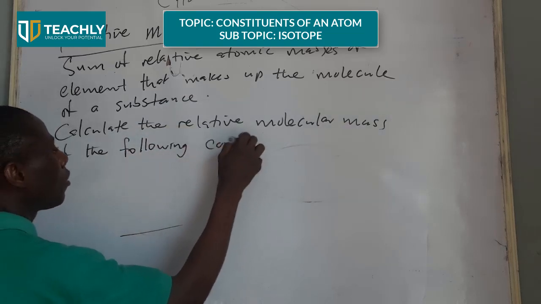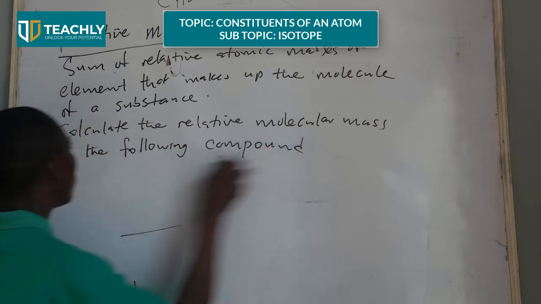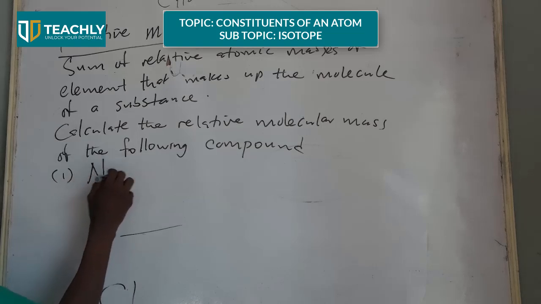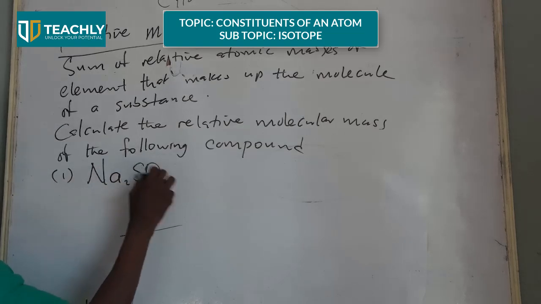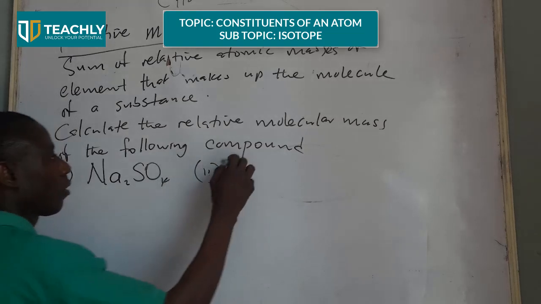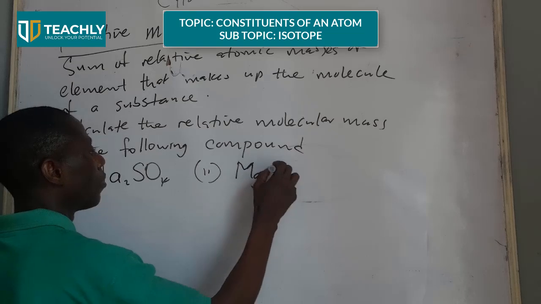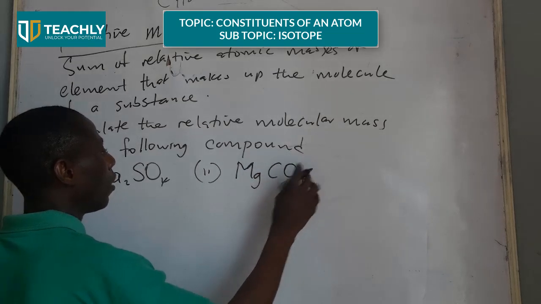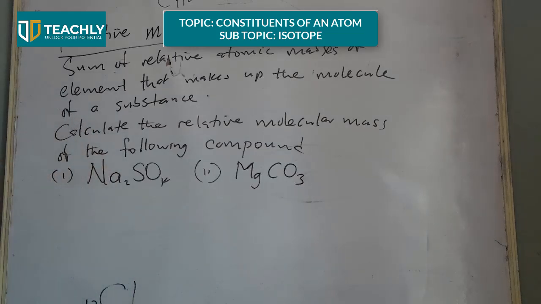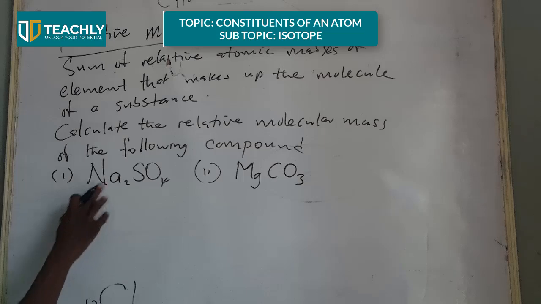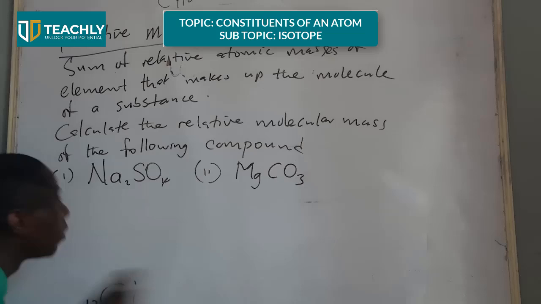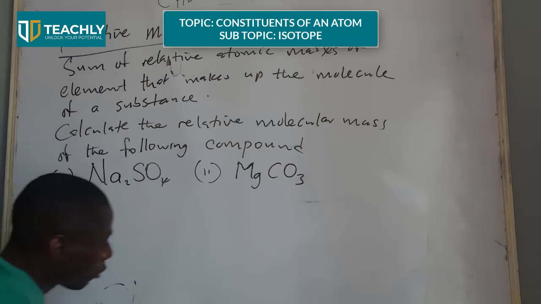Let's see how we can calculate the molecular mass of each. One, let's say Na2SO4. Another one, let's say we have magnesium carbonate, MgCO3. This one is sodium tetraoxosulfate 6. Let's see how you can calculate the relative molecular mass of each.